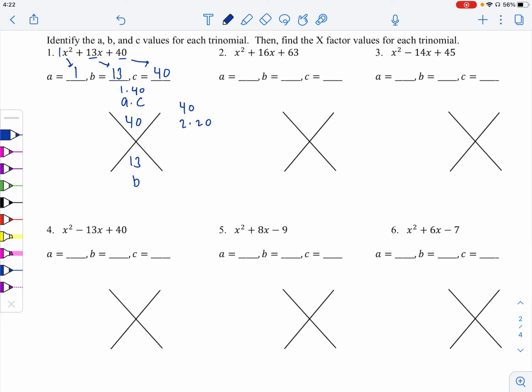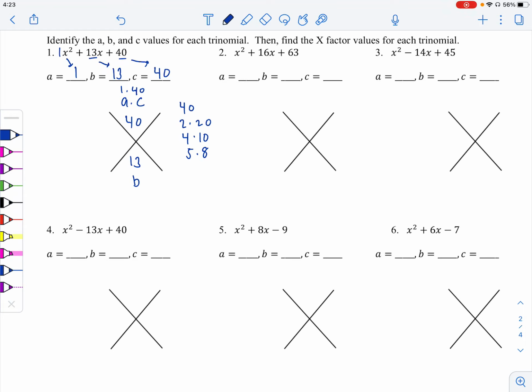That doesn't add to 13. Let's try 4 times 10. That doesn't add to 13. What else can we do? 5 times 8. That's 40. Does that add to 13?